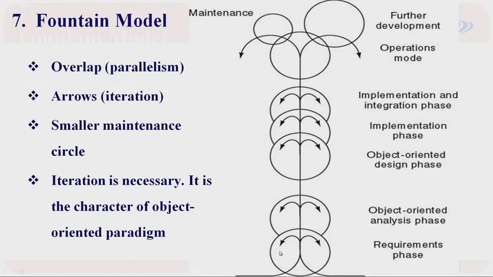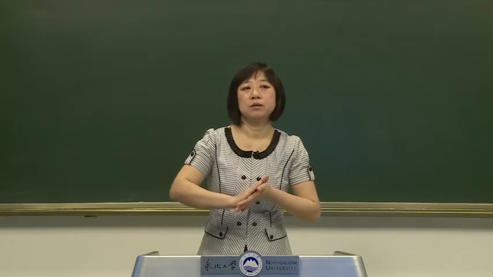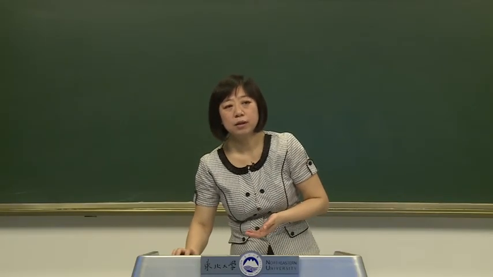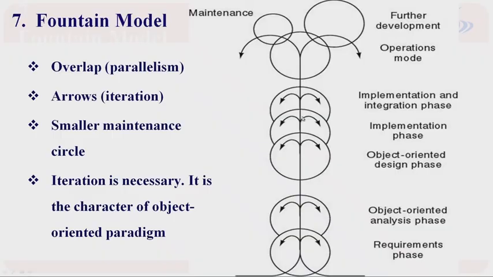The previous ones should be read from up to down, but this one should be read from bottom to up. The first phase is the requirement phase, and the second is the object-oriented analysis phase, then the object-oriented design phase, implementation, integration, and maintenance. We find that here, some phases are overlapped.